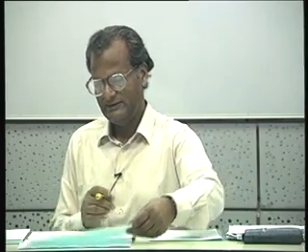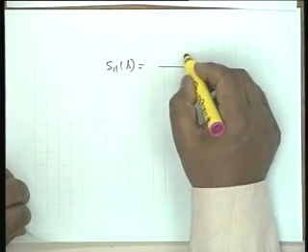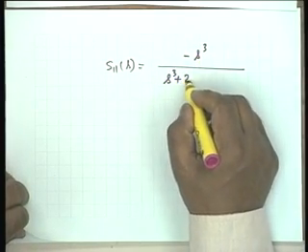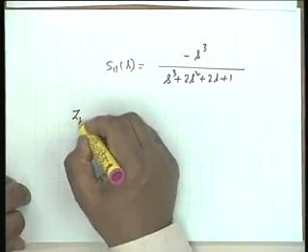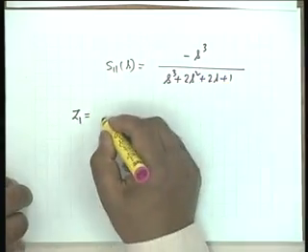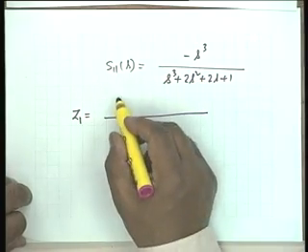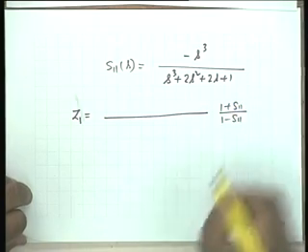Let us see what happens if we take, instead of the plus sign, the minus sign in the numerator. If we take S11 as equal to minus s cubed divided by s cubed plus 2s squared plus 2s plus 1, then your impedance Z1 shall be equal to (1 plus S11) divided by (1 minus S11).